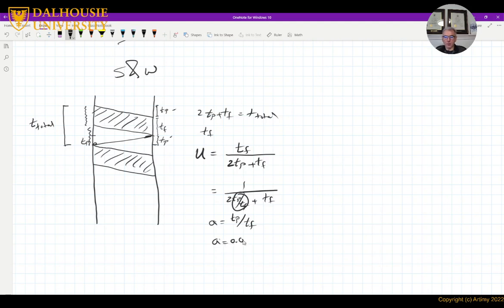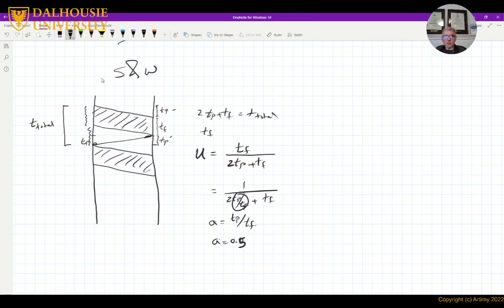So it will be 0.5, or the TP is 1.5 of the TF, which means A is 1.5. So this allows us to normalize the values so I can deal with them instead of dealing with any number of values. So a ratio is easier to deal with.